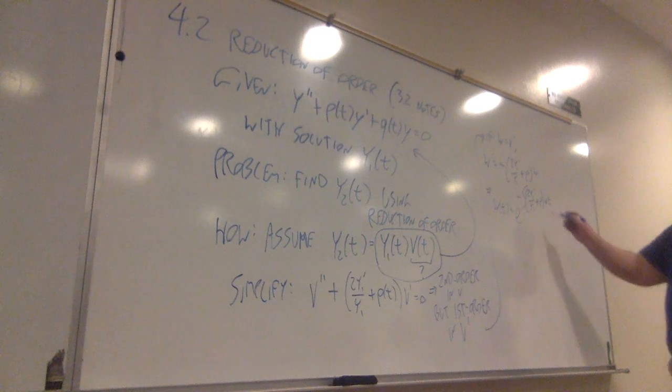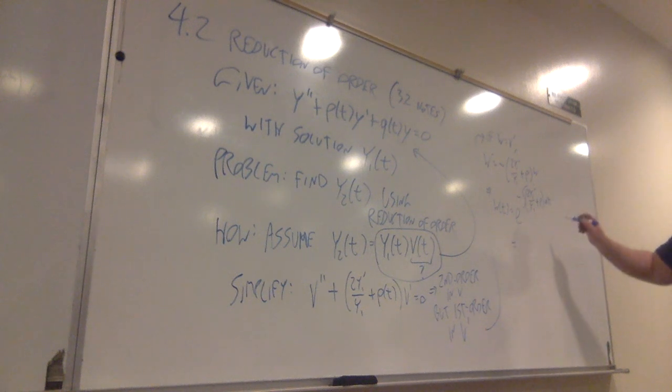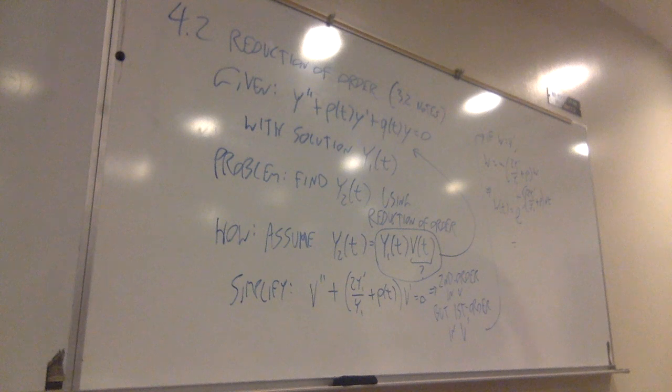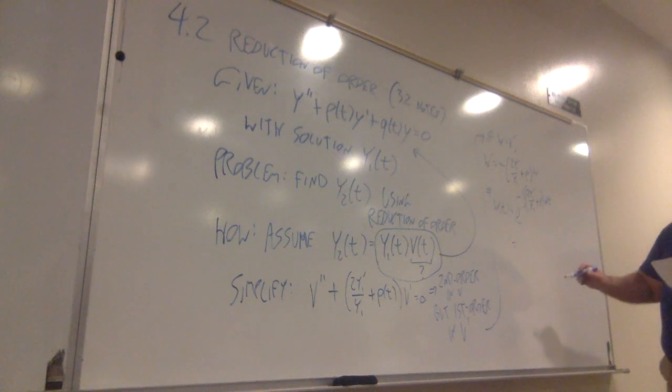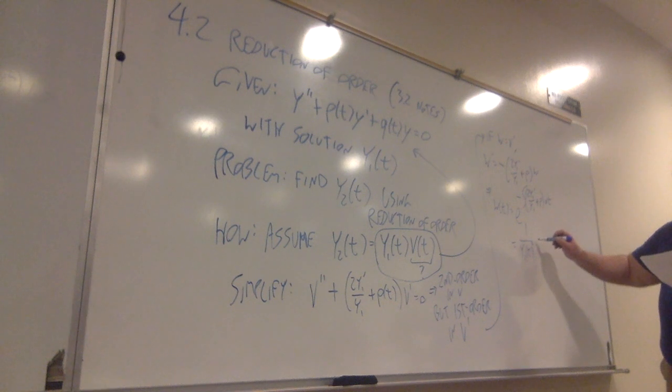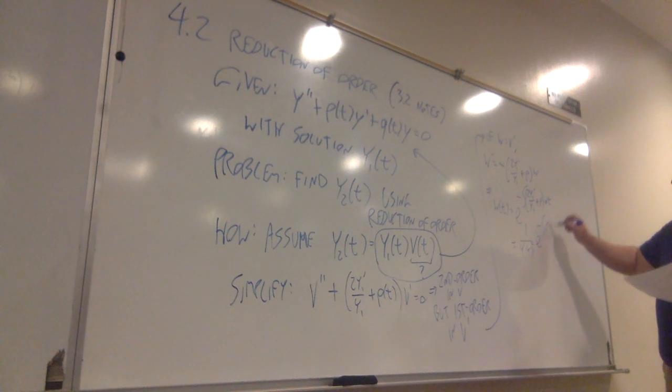And a lot of simplifying can be done here, because the integral of y1 prime over y1 is the natural log of y1. So a lot of simplifying using the properties of logs can be done, and I'll just cut to the chase here. We get 1 over y1 squared times e to the minus integral of p, and p can be anything, so I can't work that out.